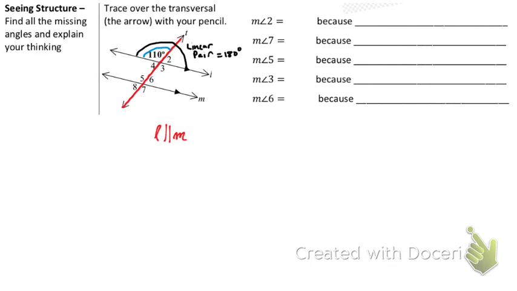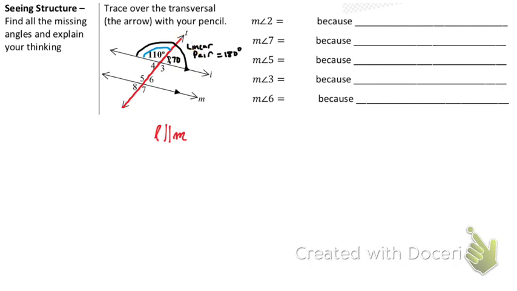So if this is 110 with angle 2, I need to figure out what's left over of 180. So angle 2 has to be 70 degrees, because 110 plus 70 together, when you add them up, equal 180.